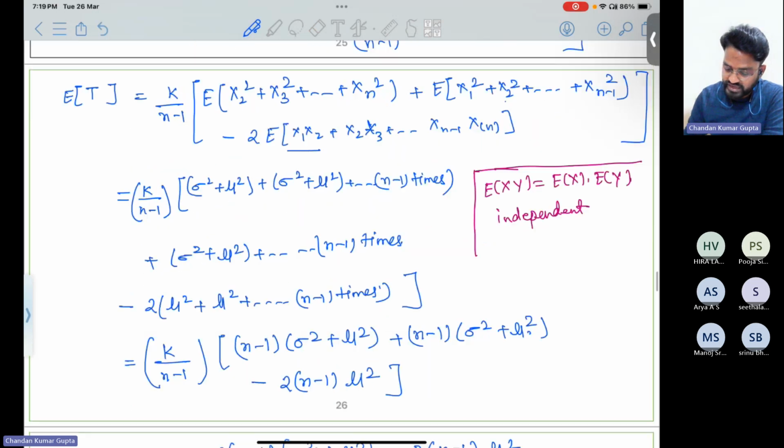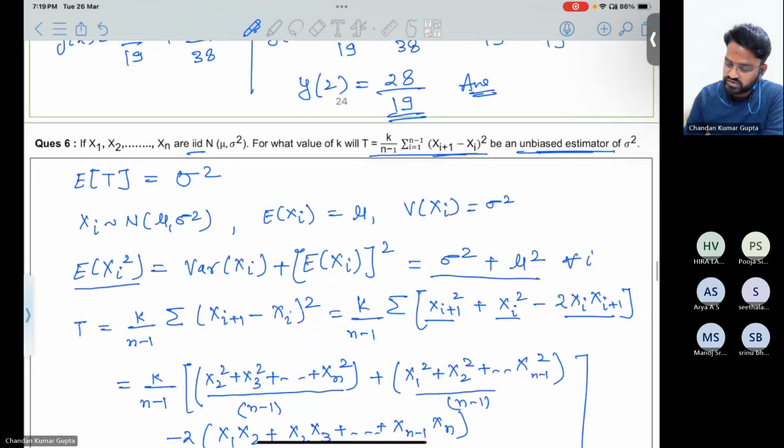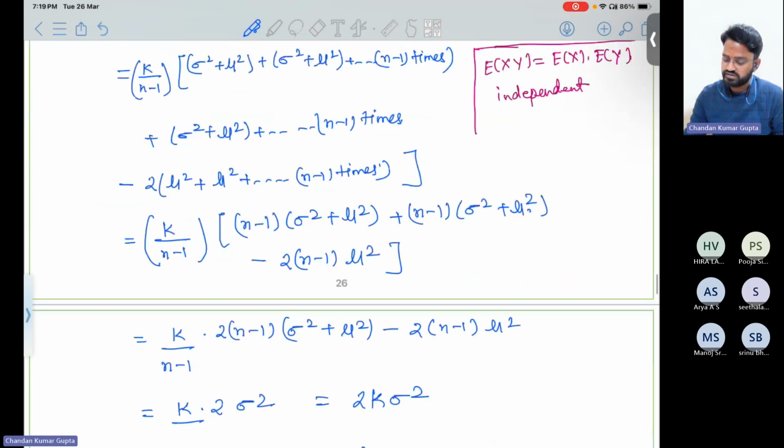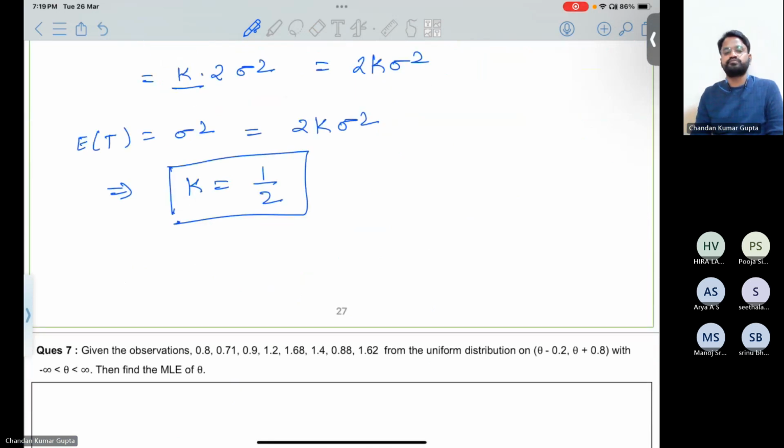So the value of k for which this T will be an unbiased estimator of sigma square is 1 by 2.